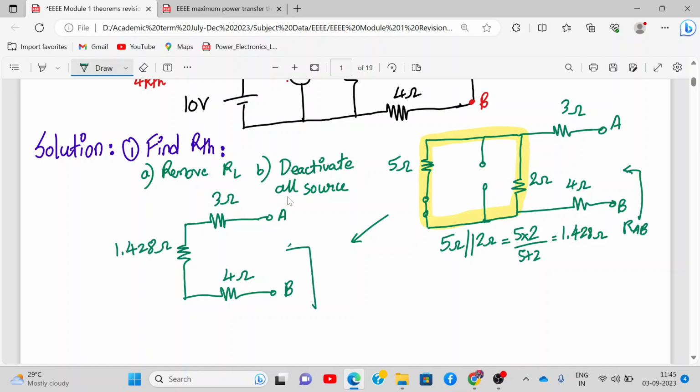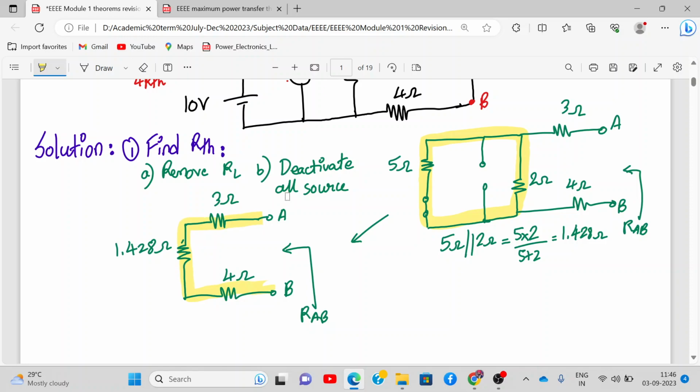Now, how to calculate RAB? Tell me, what is RAB? What is it from this circuit? Can you see, are all the three resistors in series or parallel? 3 and 4 are in parallel.